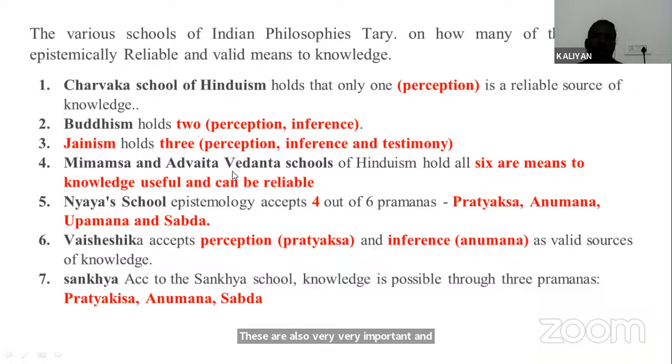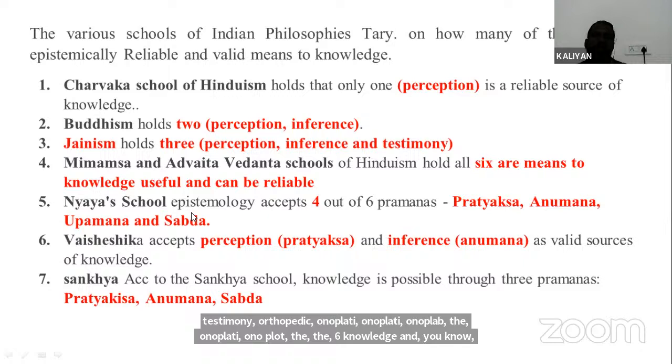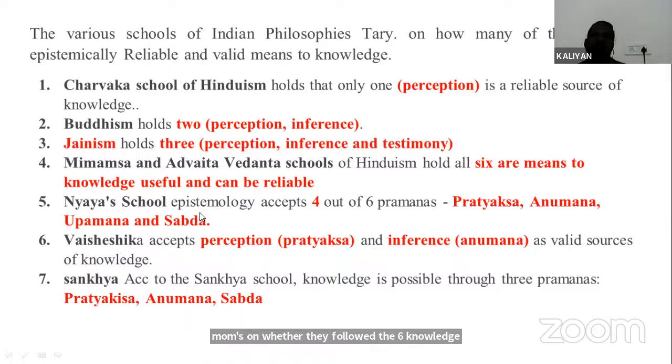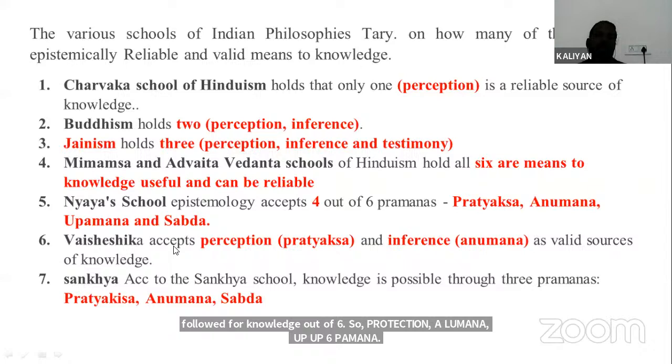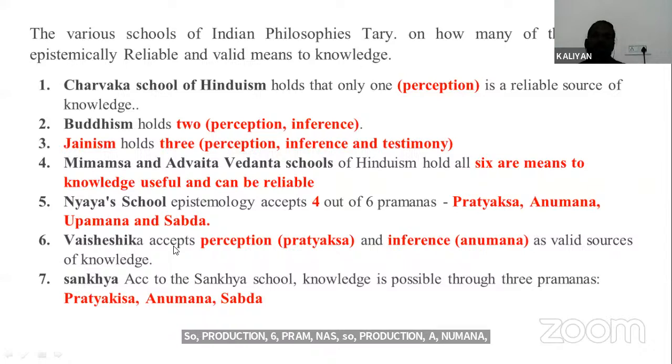Mimamsa and Advaita followed all 6 knowledge: perception, inference, comparison, testimony, arthapatti and anupalabdhi. And the Nyaya school followed 4 out of 6 pramanas: Pratyaksha, Anumana, Upamana and Sabda, excluding Anupalabdhi and Arthapatti. And Vaisheshika accepts only 2 knowledge, perception and inference.